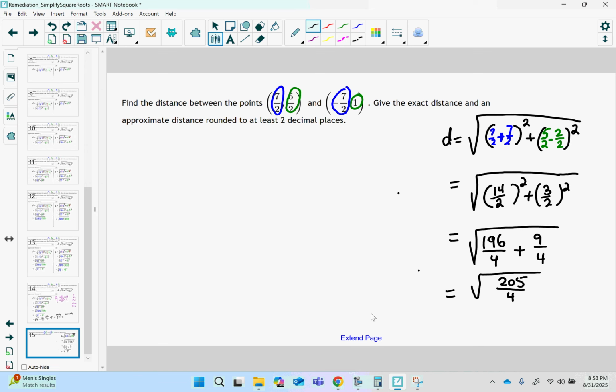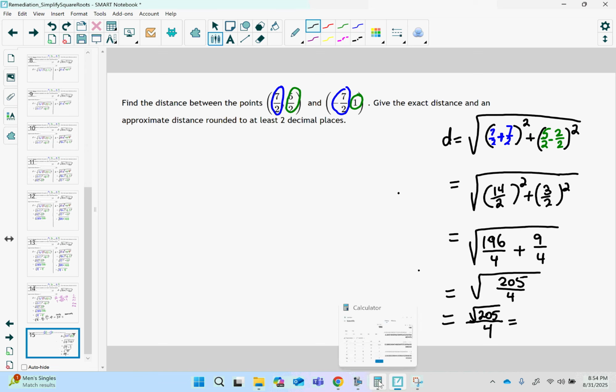And then we can take the square root of 4 and simplify that. 205 is not a perfect square, so I'm going to leave that in the radical up top. Now I do suspect that there might be a perfect square hiding inside of 205, and any number that ends in 5 is divisible by 5.